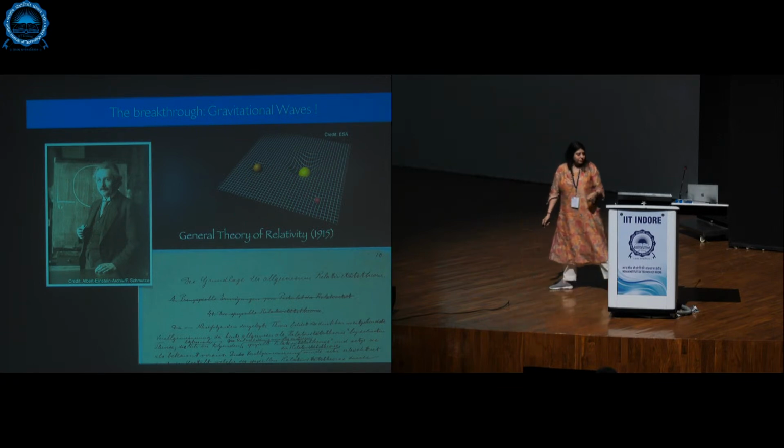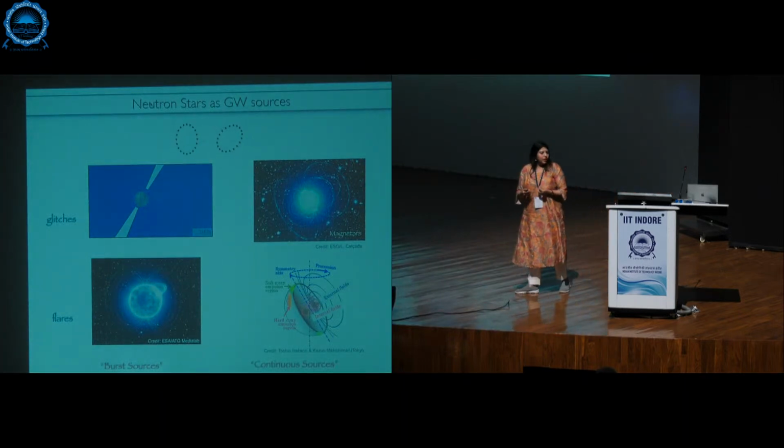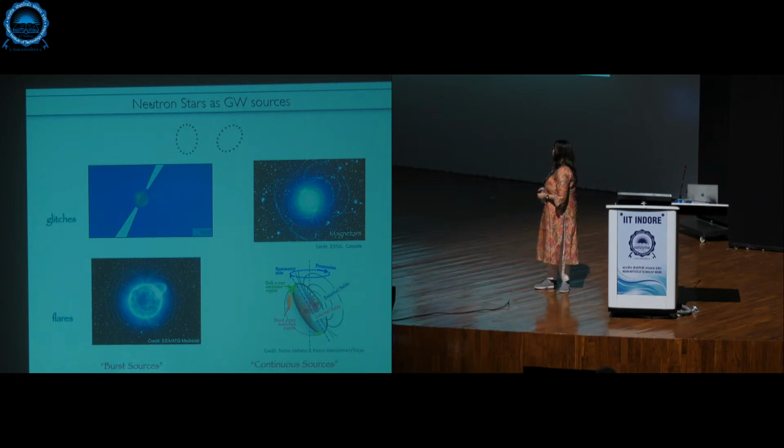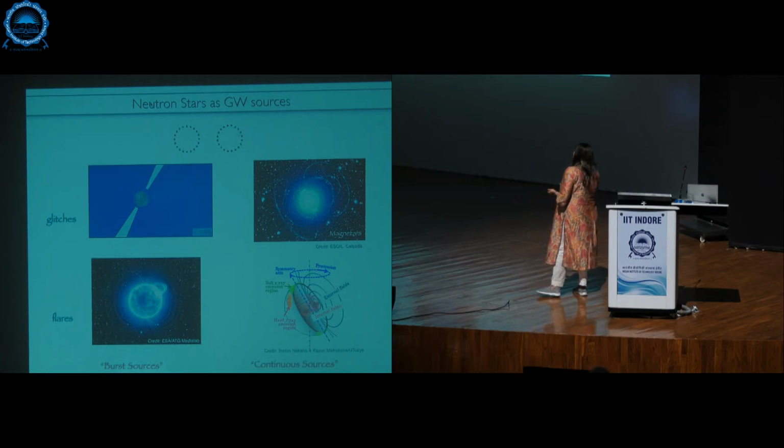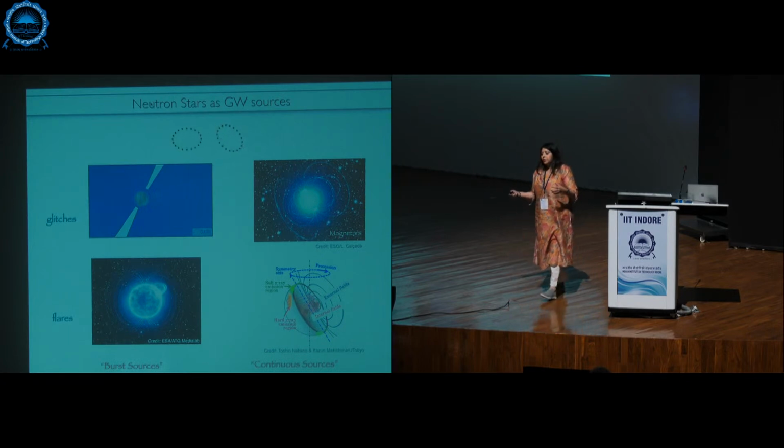So neutron stars are very important gravitational wave sources, because there can be many different phenomena that can give rise to gravitational wave emission. For example, if there are glitches in neutron stars, glitches are something that are typically related with superfluidity in its interior.